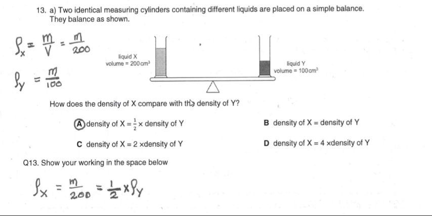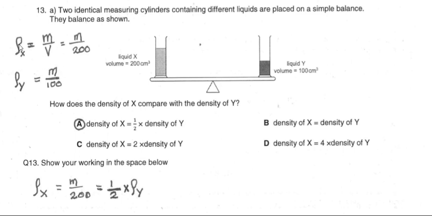How does the density of X compare with the density of Y? We can see that in order for this beam to balance, these masses must be equal, because the perpendicular distances are equal, and therefore the moments are equal. If the moments are equal and the perpendicular distance is equal, then the masses are equal. So this little m is the same as little m here.